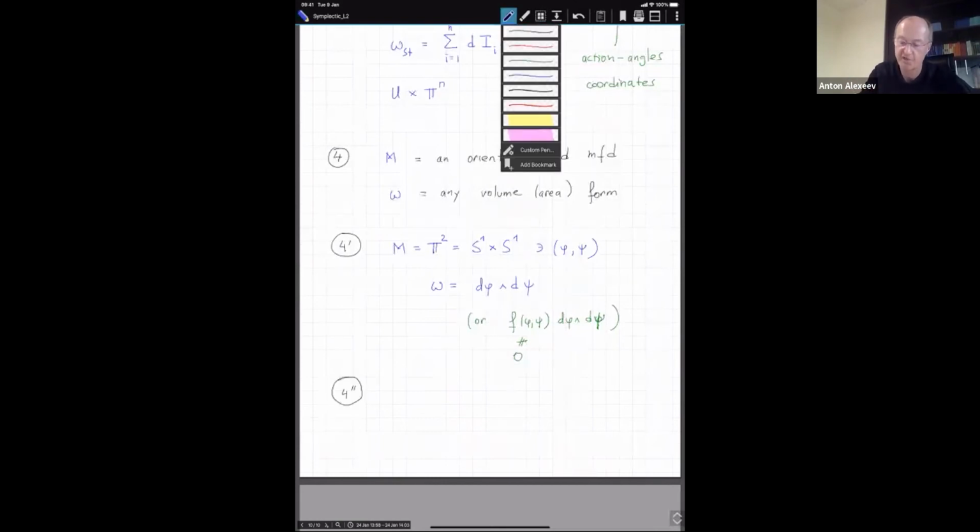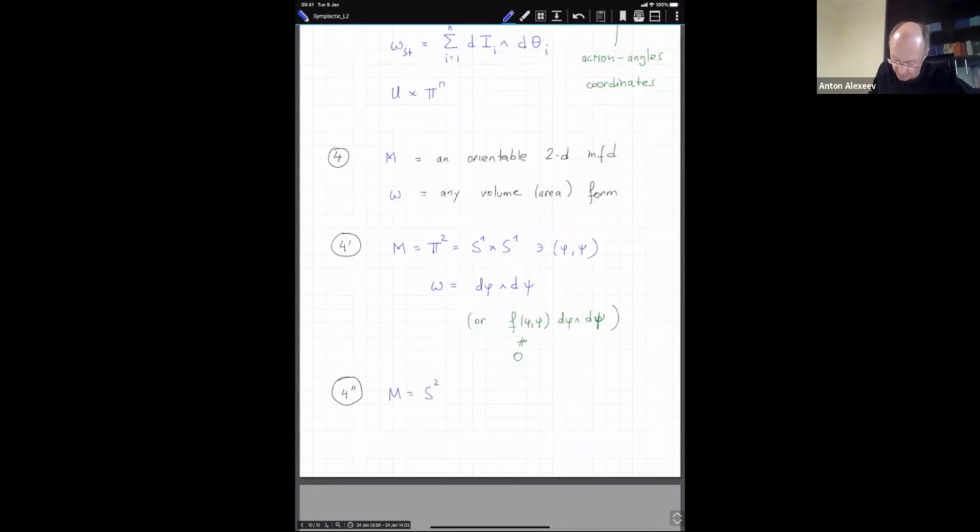Perhaps another famous example that we briefly mentioned last time already. So M is a sphere in R3.